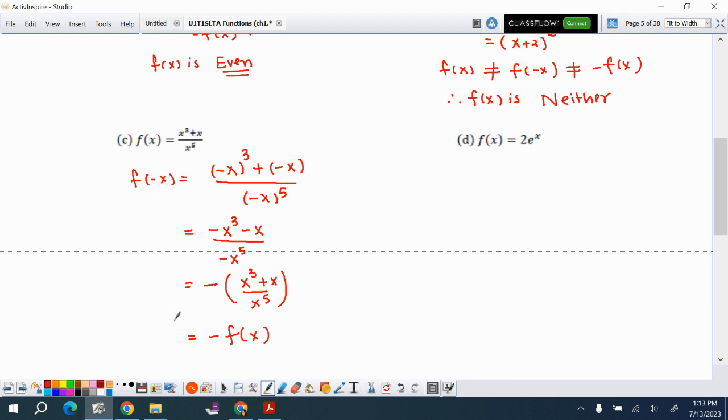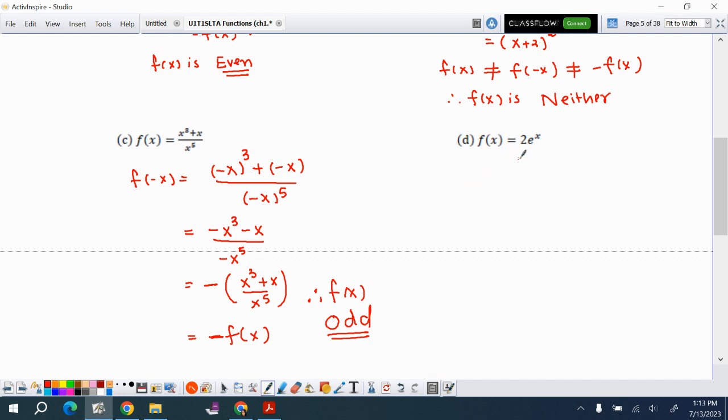Now clearly you can see that the negative sign came out. So that's why this is an odd function, because everything is exactly the opposite sign: positive, positive, positive, negative, negative, negative, exactly opposite. That's why it is an odd function.